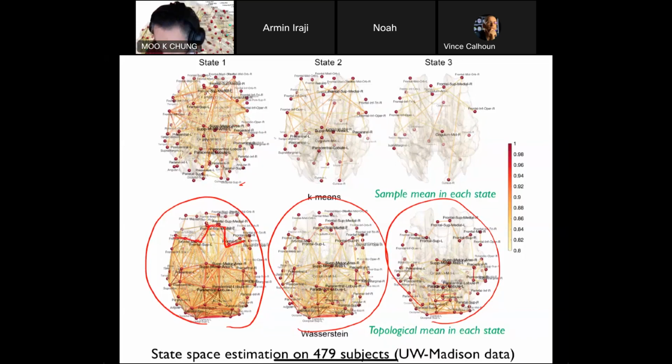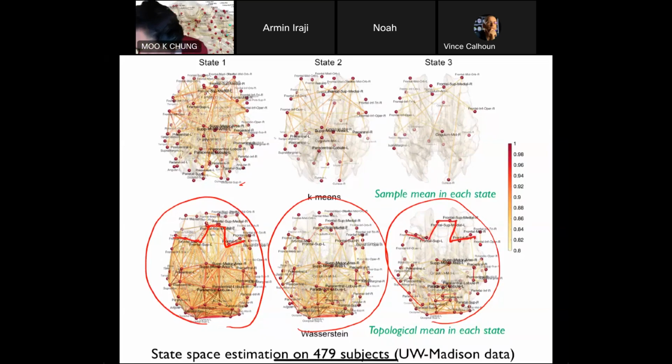Why is K-means clustering not detecting it? Because K-means clustering is based on the magnitude of the correlation values, while our method looks at the underlying topology, without even looking at the model. So that's why you get this very symmetric pattern.